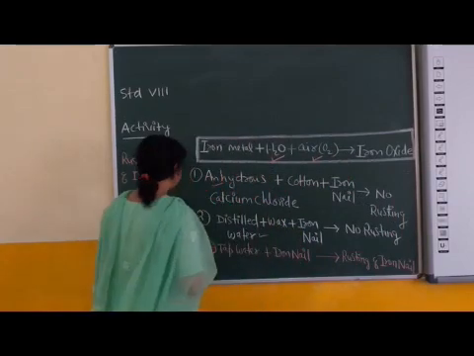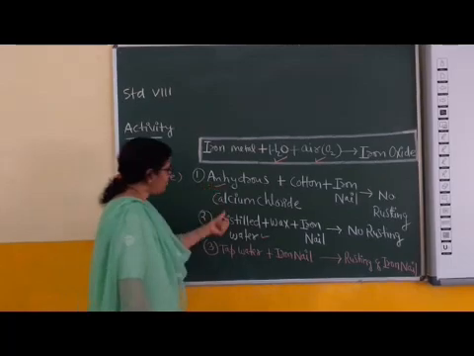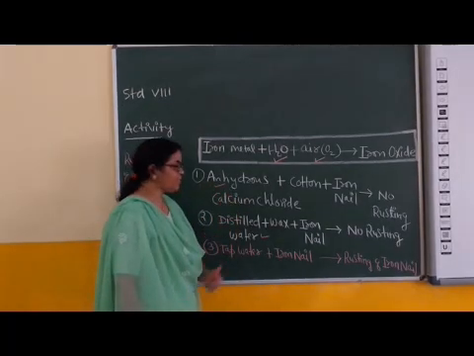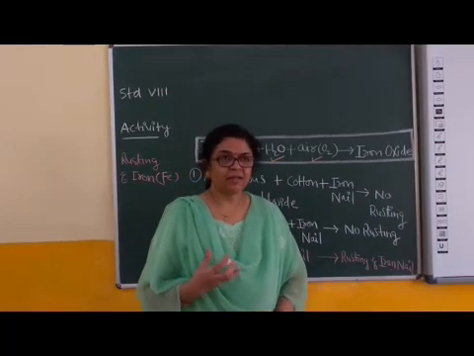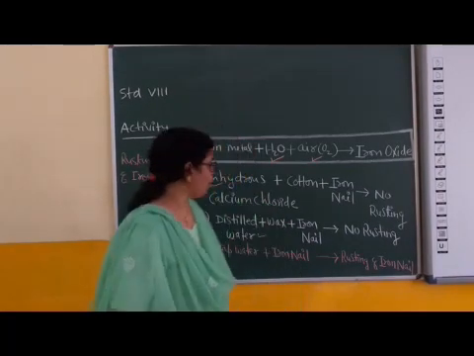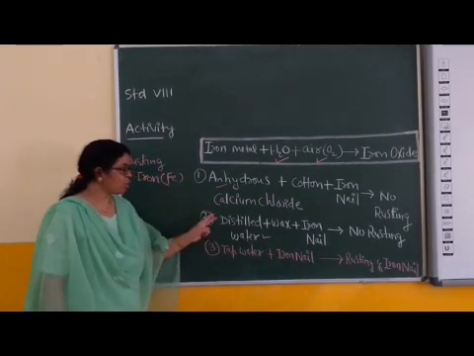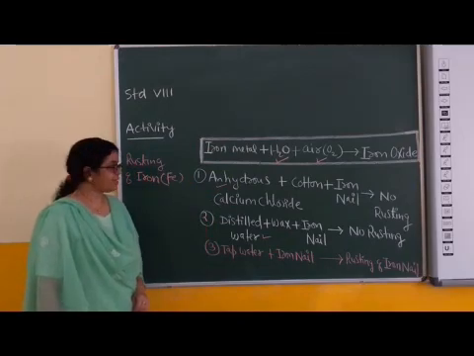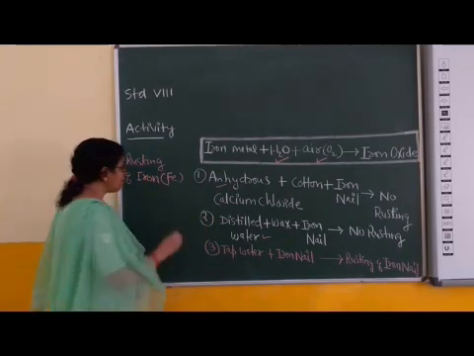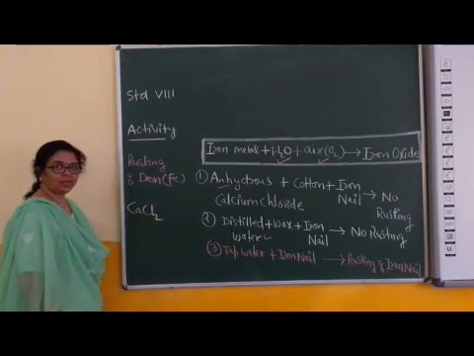Now experimental setup for rusting of iron. In the first setup, which chemical is required? Anhydrous calcium chloride. Anhydrous calcium chloride means calcium chloride without water. Okay children? There are two types of salts. First is anhydrous, second is hydrous. For example, anhydrous calcium chloride is only CaCl2.